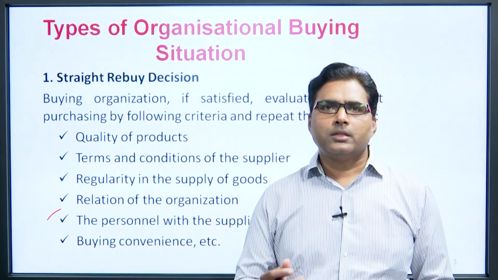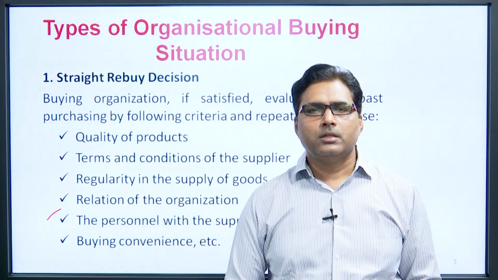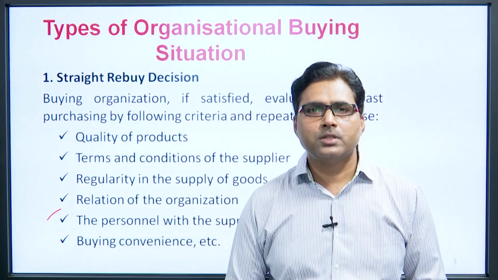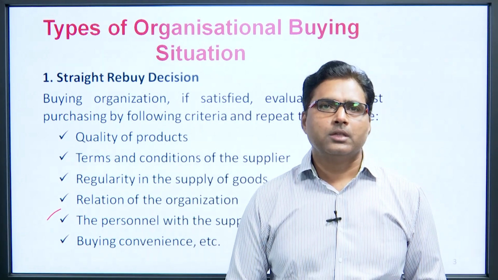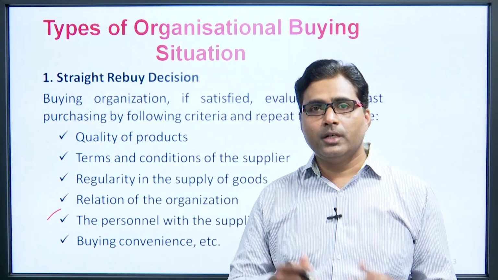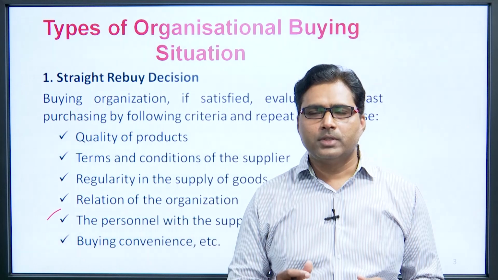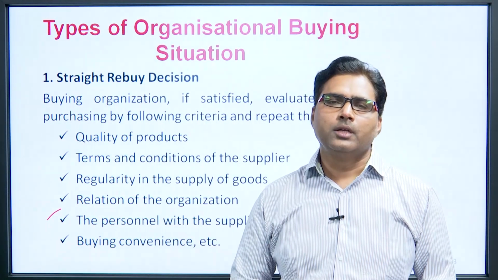Basically, there are three types of the buying situations for the organizations, and the first is the straight rebuy decisions. Straight rebuy decisions indicate the foundation of any business that is going for the longer run.